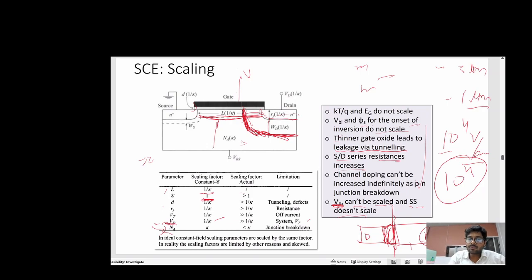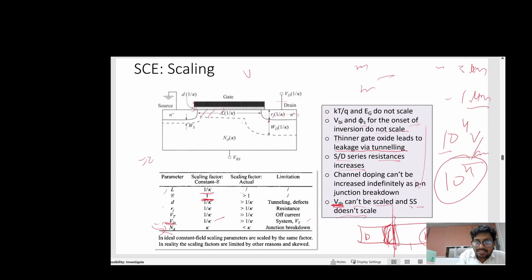Now when you apply the gate voltage, it will also be this. So in that case, you can see this dotted line after application of both gate and drain voltage.